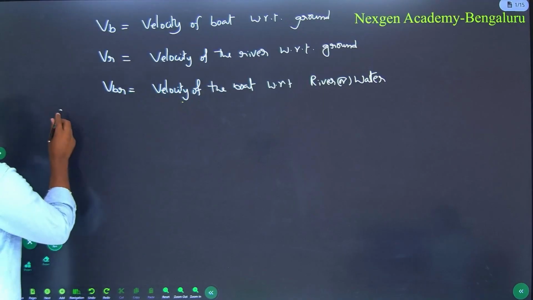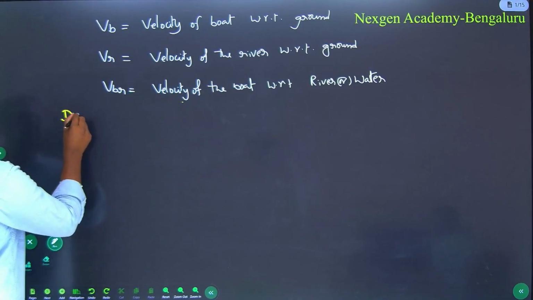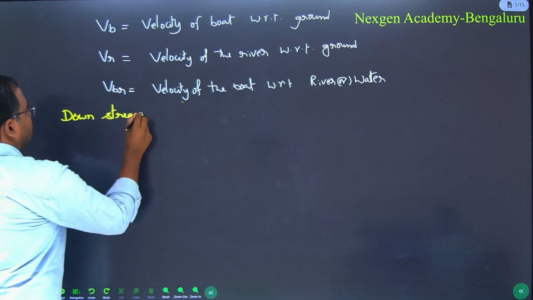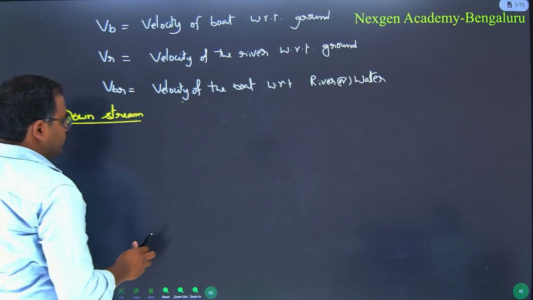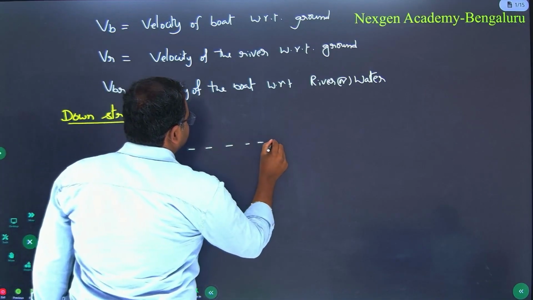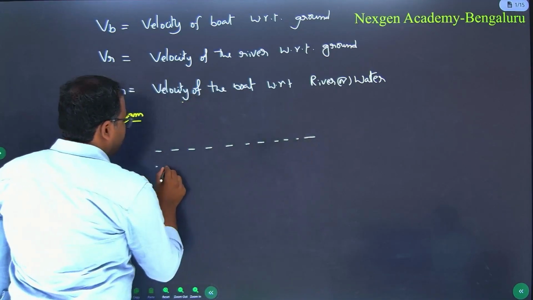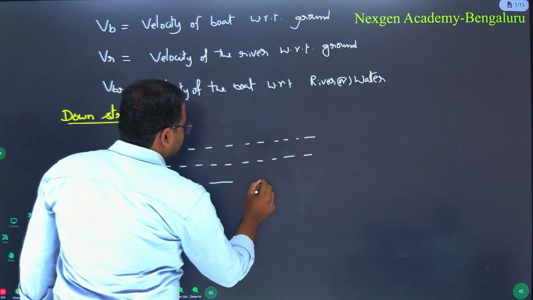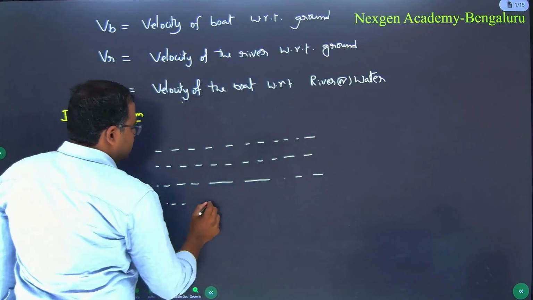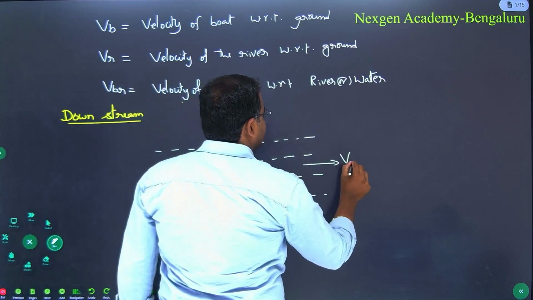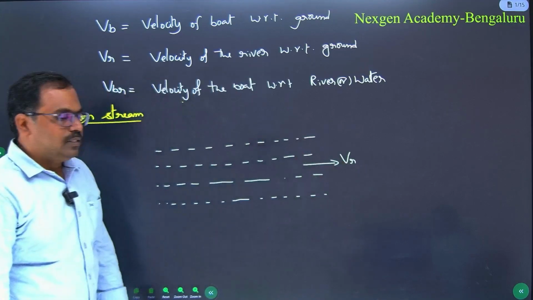Look at this. Downstream, first of all. In a river, water is flowing with a certain absolute velocity. Let me take this as the velocity of water or velocity of the river.